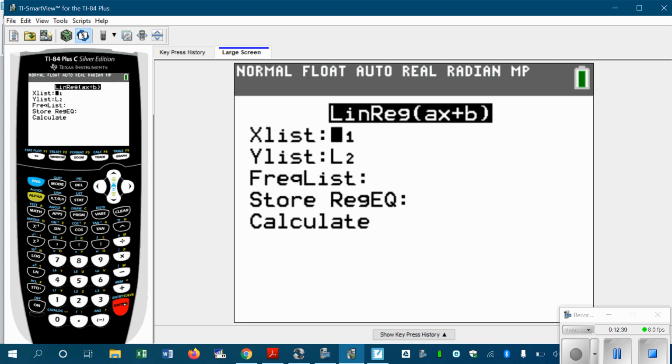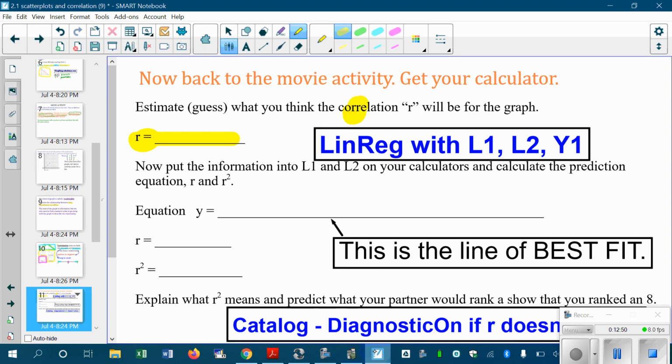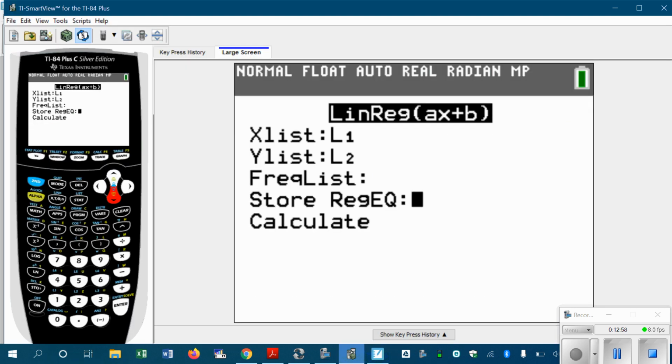Okay, now if my data were not in list 1 and list 2, I would edit that, but that is where my data is. So I'm just going to come down here, and you see on the notes, I did say that we're going to type a Y1 right here. And that's not so much for what we're doing today in class, but just for the future. So I want to have Y1.